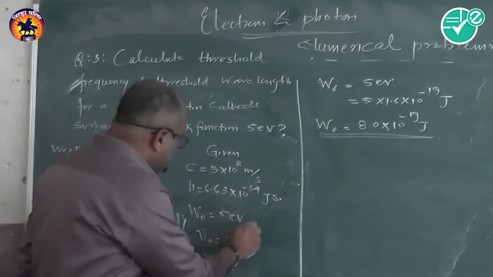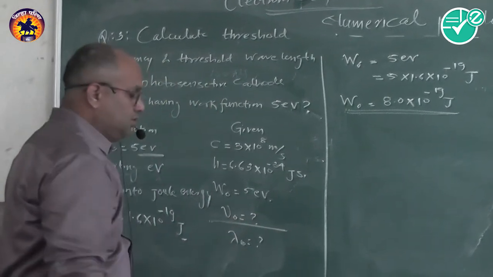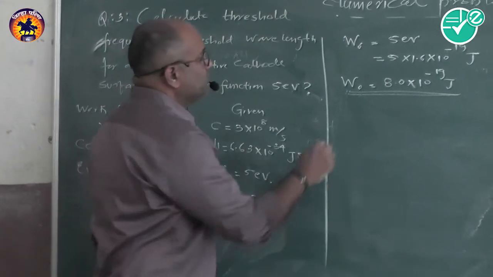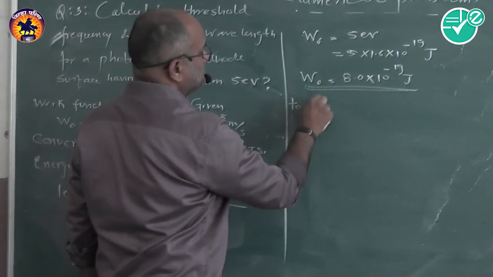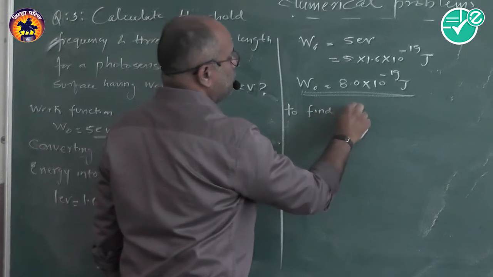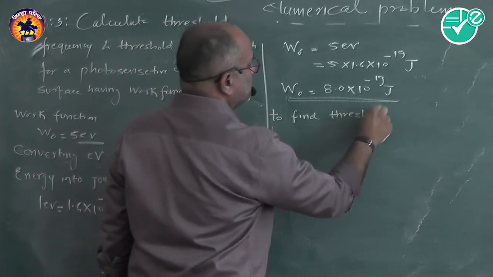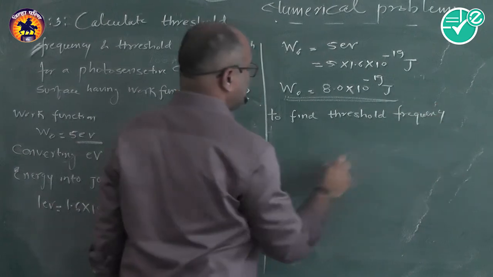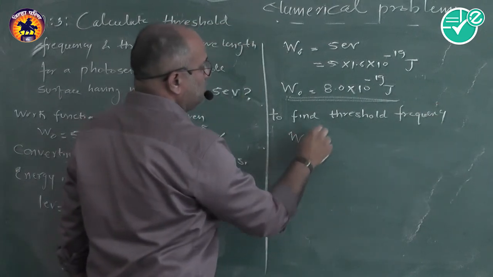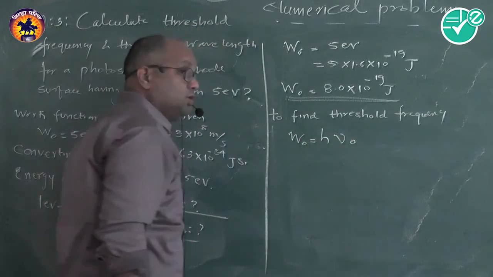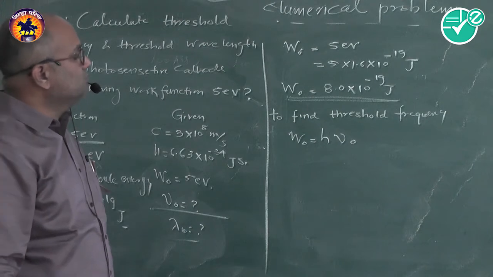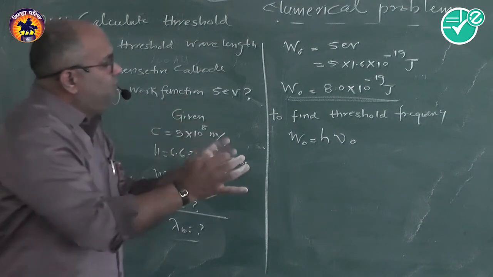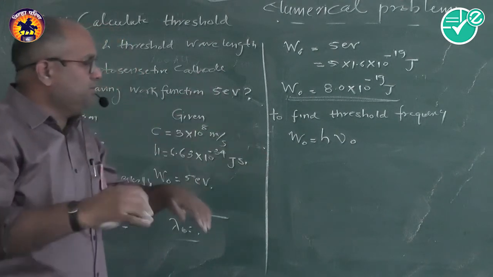Now what we have to determine right now? Nu 0, then lambda 0. To find threshold frequency, W0 is equal to H nu 0. So remember, before putting the values, as much as simplify the formula and then put the values.